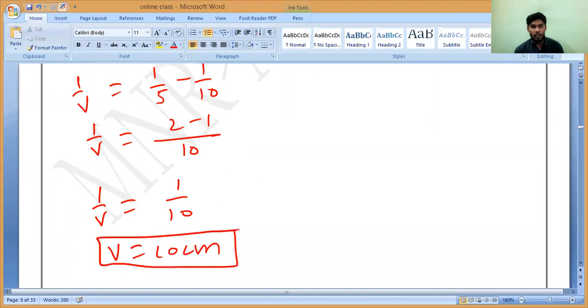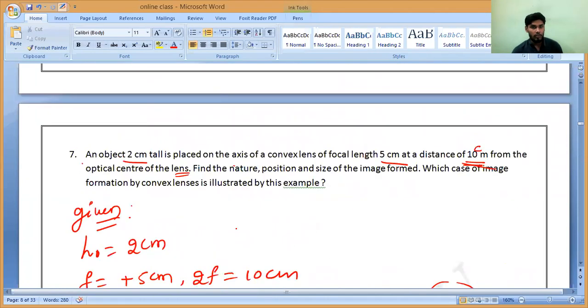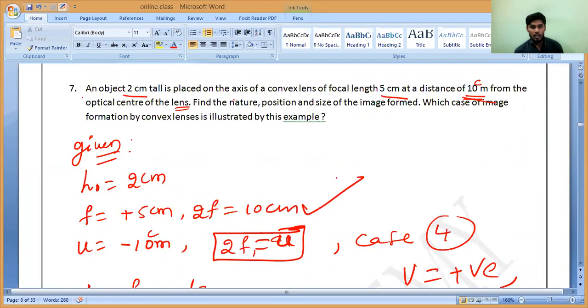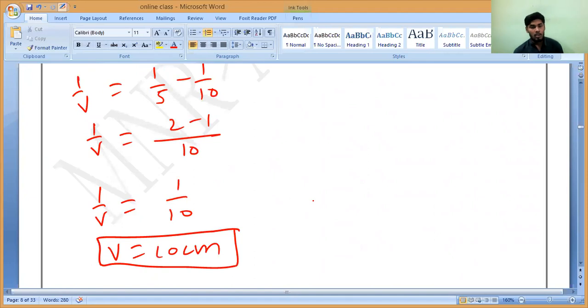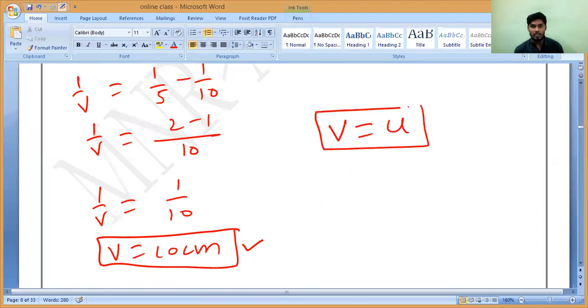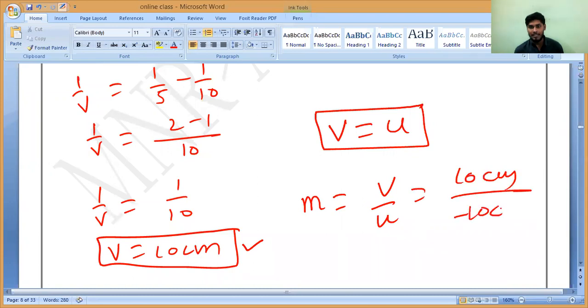So is it equal to 2F? Verify. Is it equal to 2F or not? Correct or not, sir? Yes, sir. The image is also placed at 2F, V equals to 10 centimeters. So from that I can say object distance is equal to image distance. Is it yes or no? Yes, sir. Magnification is equal to V by U, which is equal to what? 10 centimeter divided by minus 10 centimeter.